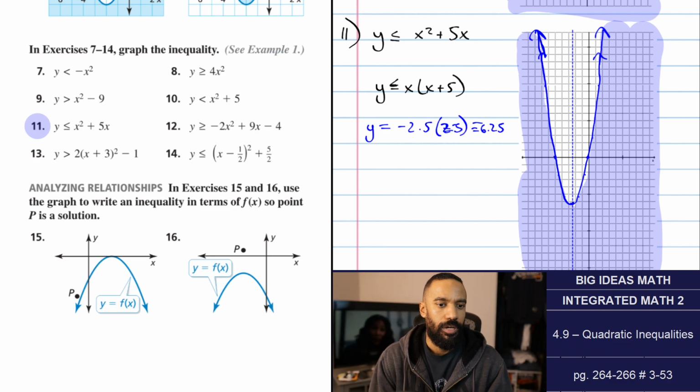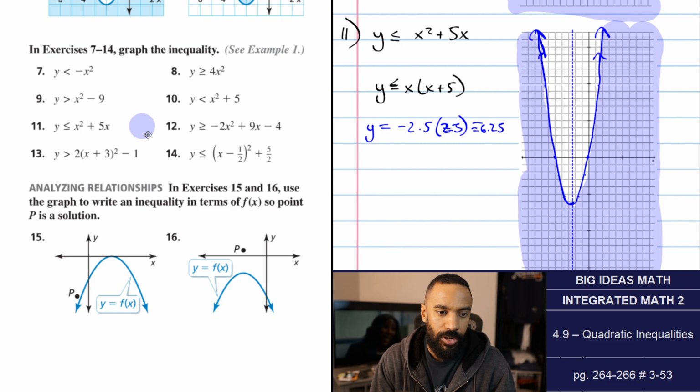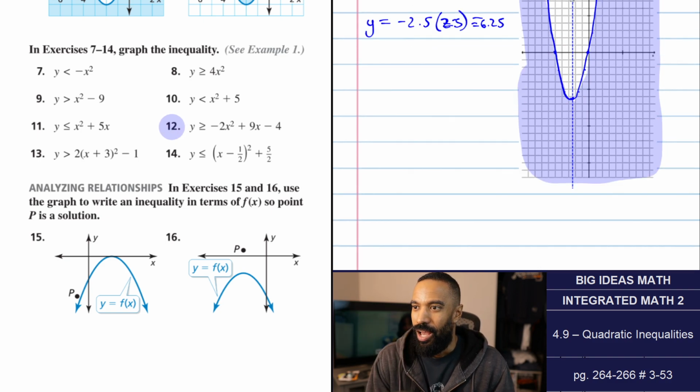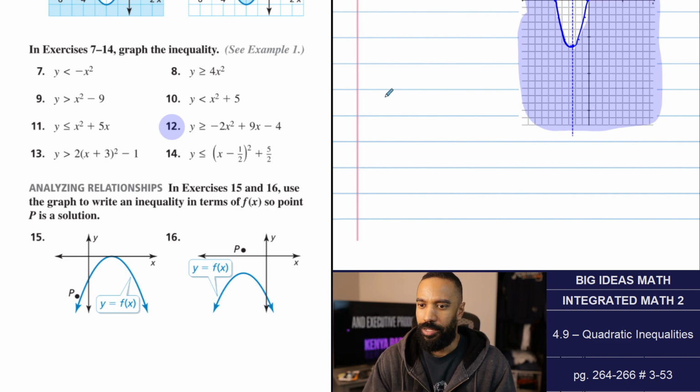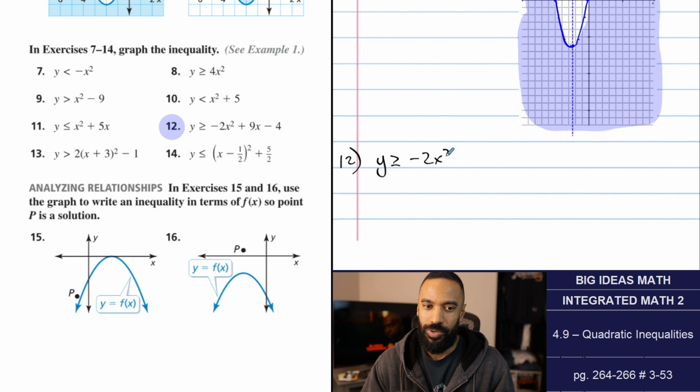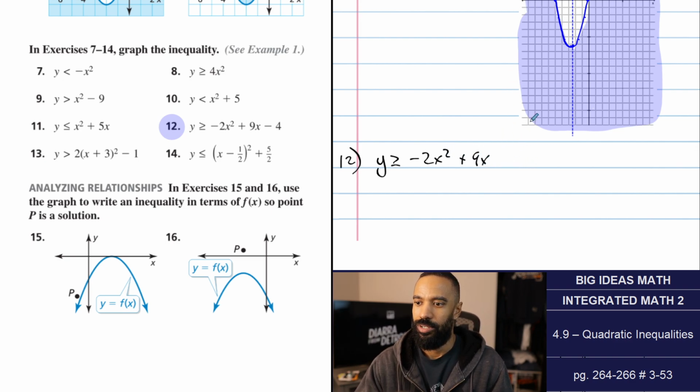Okay, number 12. Oh. They're making me not want to like graphing. I don't even know if that's factorable. It actually might be. So, hold on. -2x squared plus 9x minus 4.